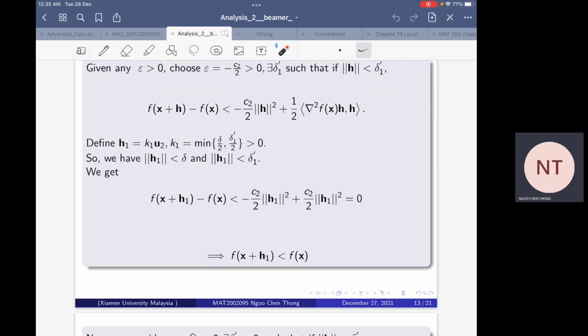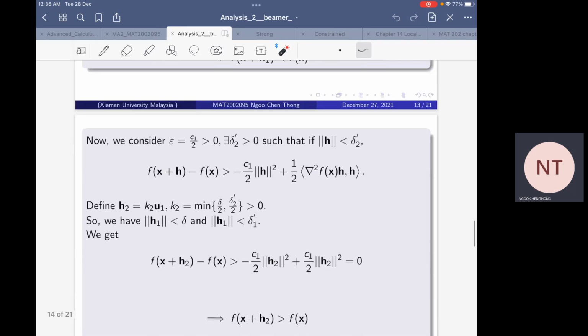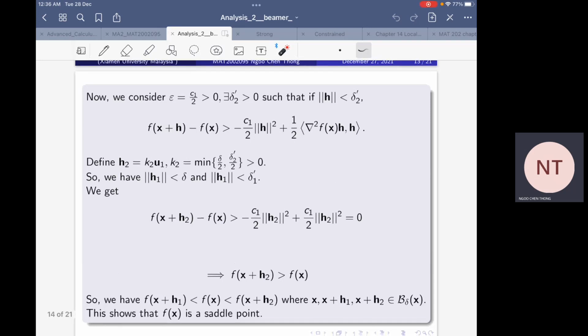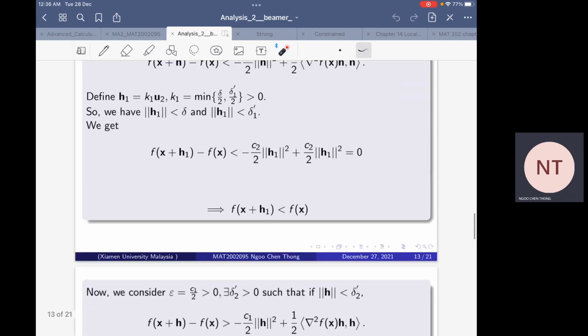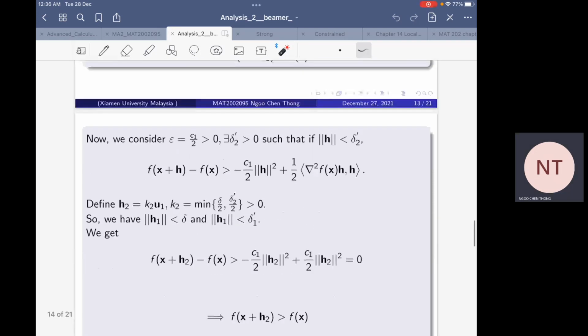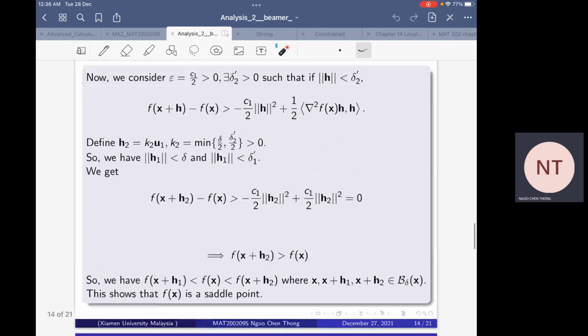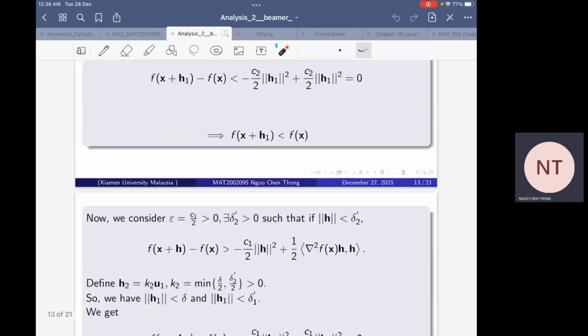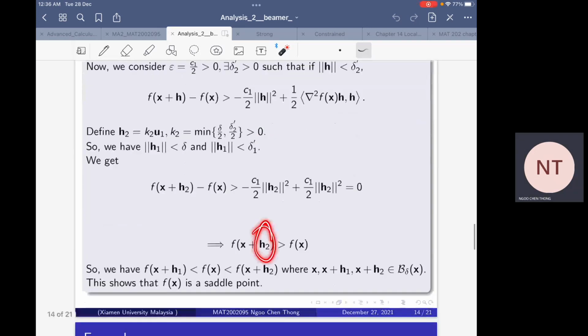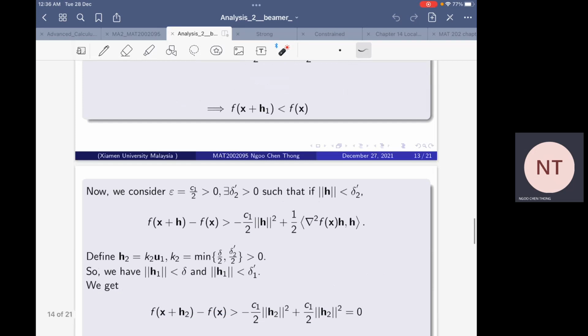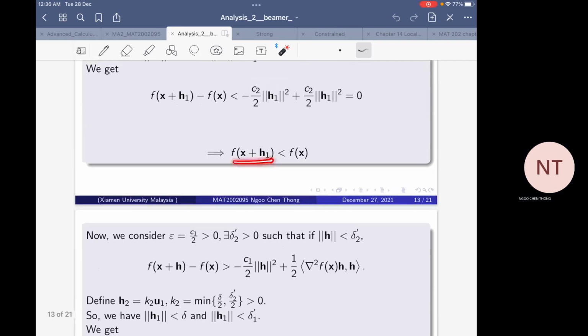But now we consider another thing, epsilon is equal to c1 over 2. So the step is almost the same as this one. Then we get fx plus h2 larger than fx. Here h1 and h2 are vectors, x plus h1 and x plus h2 are inside the ball.